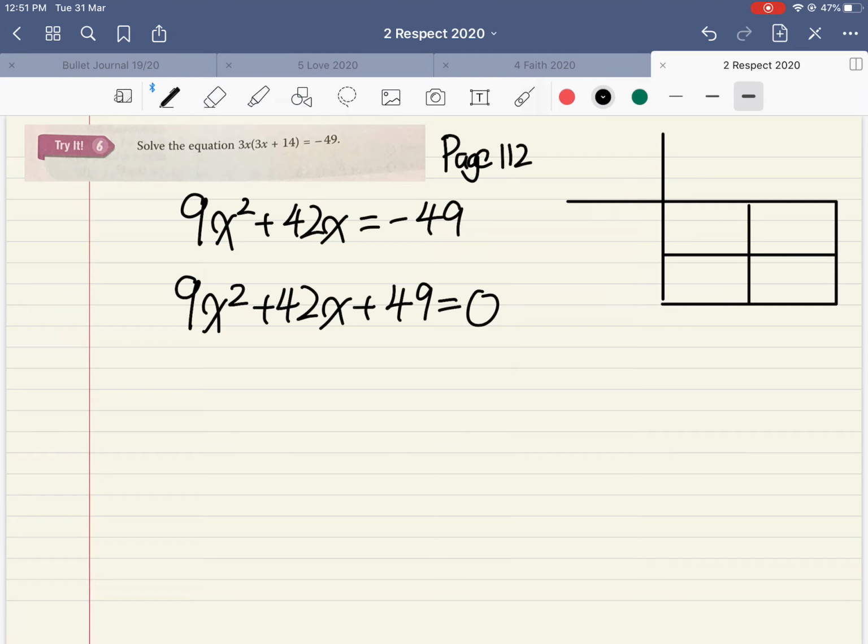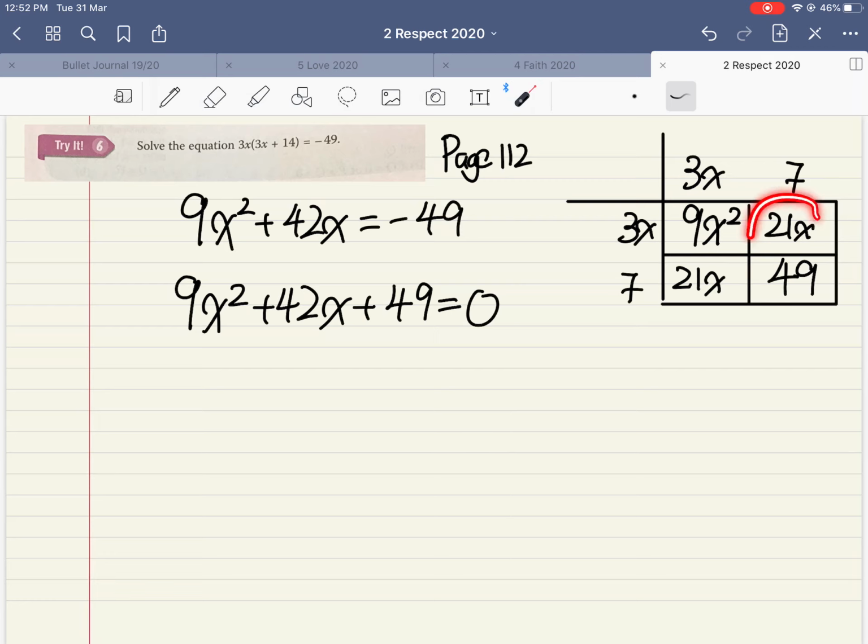In our factorization frame, first I will fill in 9x squared and 49. Here I will write 3x and 3x. 49 is 7 times 7. Here we get 21x and 21x.